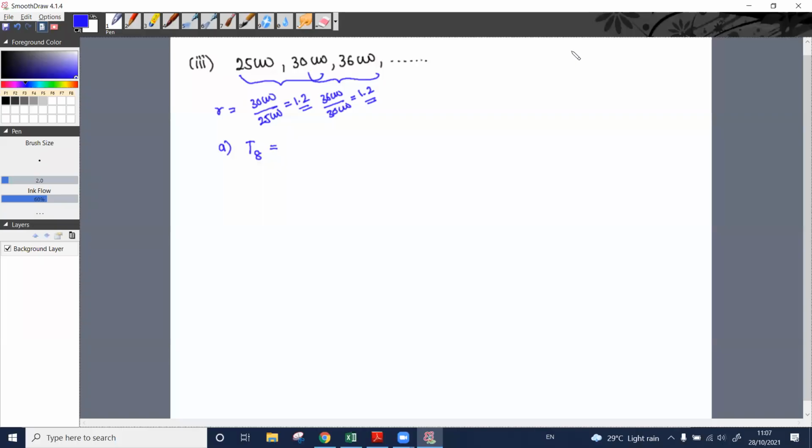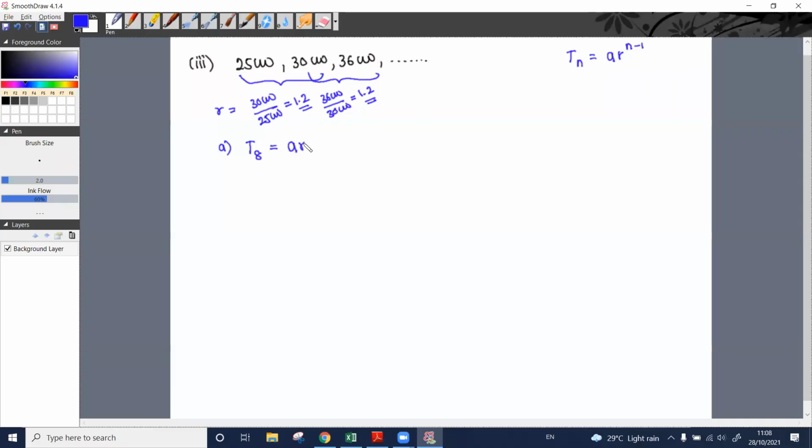Right. What is the formula to find the nth term of a geometric progression? Yes, a into r to the power n minus 1. So here what it should be? 8th term should be equal to what? What is the value of a? So I will write it like this.